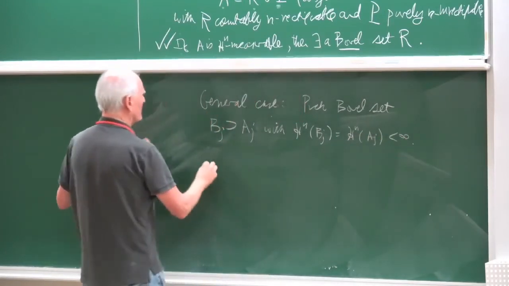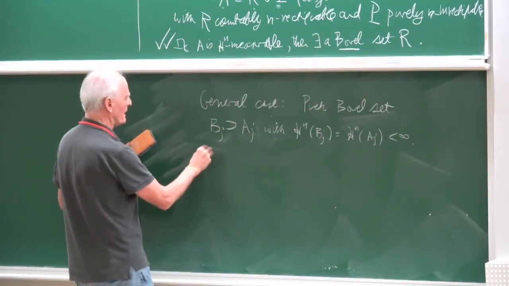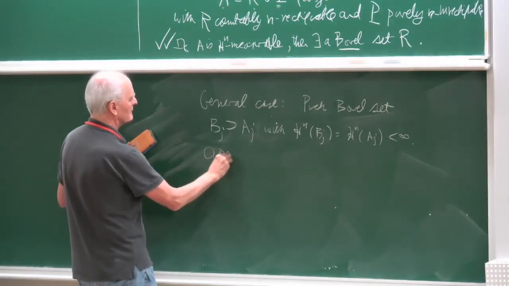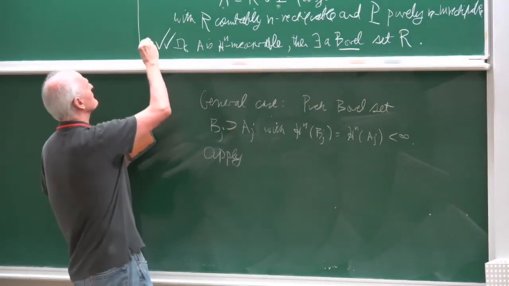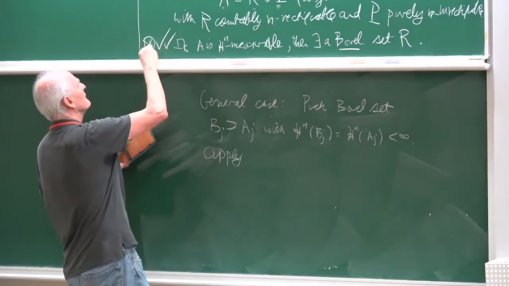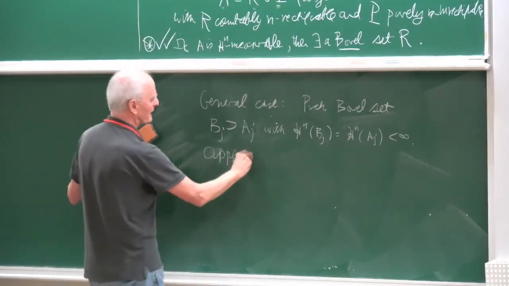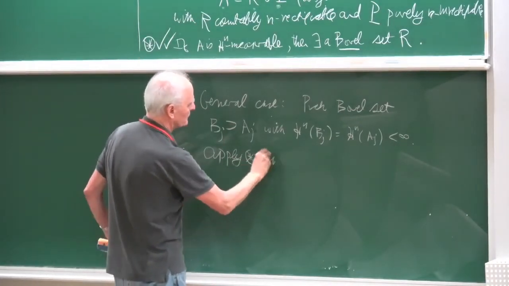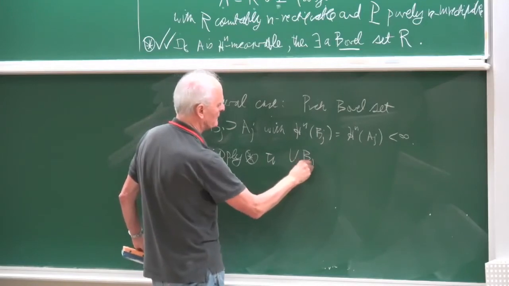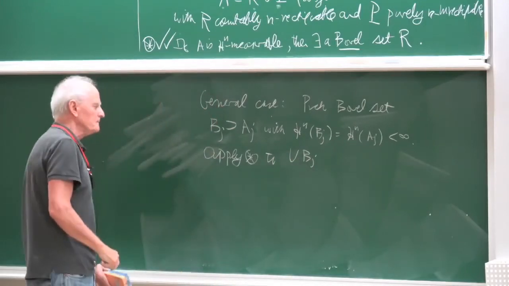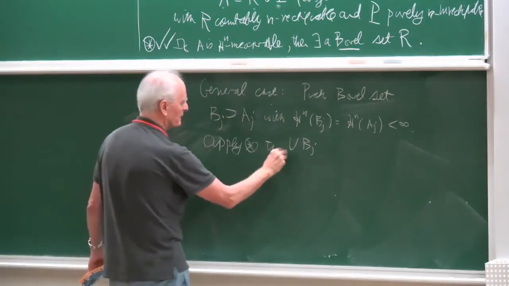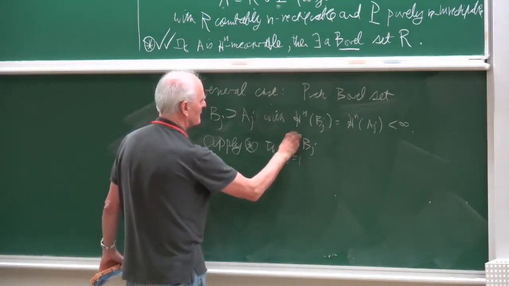And then we can apply the case that we just proved, star, to the union of the Bj, j equals 1 to infinity.